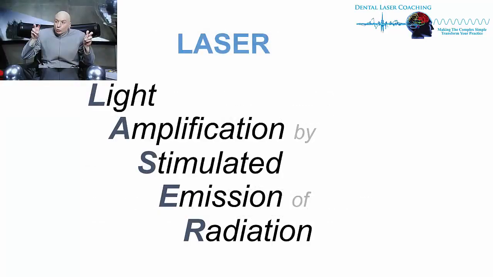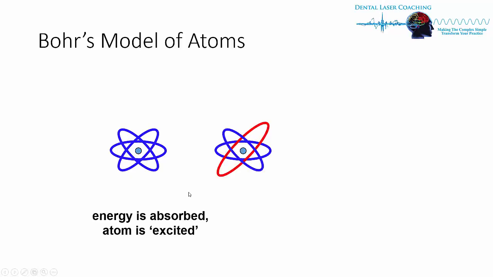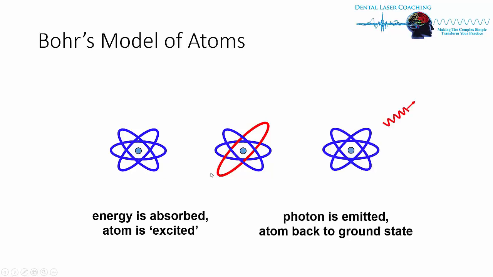As we all know, laser is just an acronym for light amplification by stimulated emission of radiation. Well, what does that really mean? This started off with Bohr and Einstein finished it, but basically we're taking an atom and applying some sort of energy to it, and then the electron that is going around the atom gets excited into an expanded state, and when it does that, it releases a photon and goes back to its natural state.